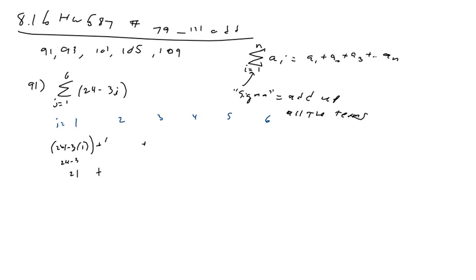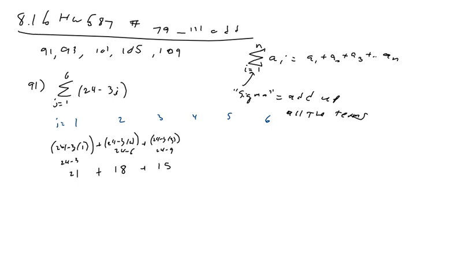Plus the next one, 24 minus 3 times 2. 3 times 2 is 6. 24 minus 6 is going to be 18. Again, 24 minus 3 times 3. 3 times 3 is 9. 24 minus 9 is going to be 15.